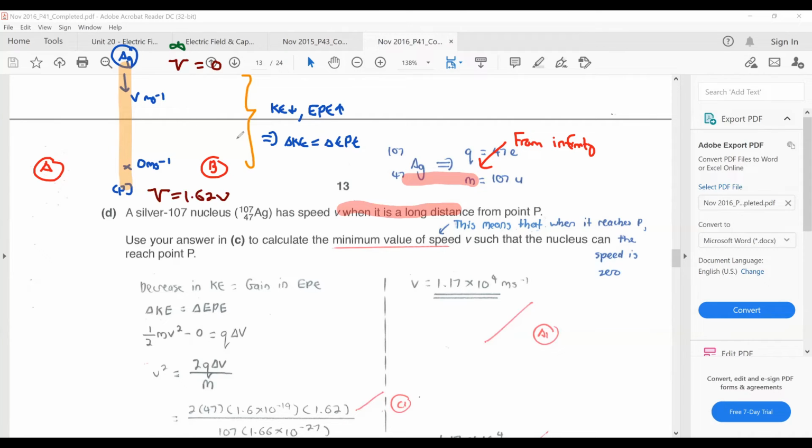Okay, now would it be logical to say that your KE here is dropping, you are slowing down? It is actually logical to think it that way, because you see, we told you that you're launching an argentum nucleus. We're talking about nucleus, not atom. Nucleus is positively charged. So your argentum nucleus is positively charged.